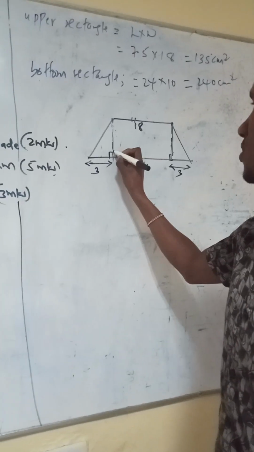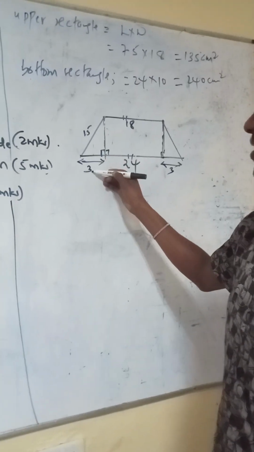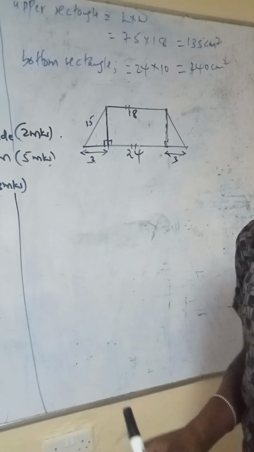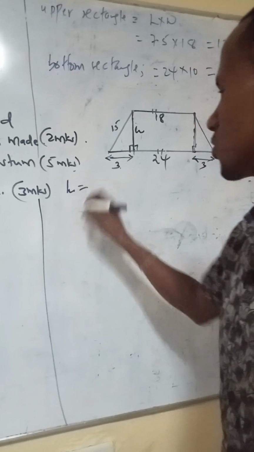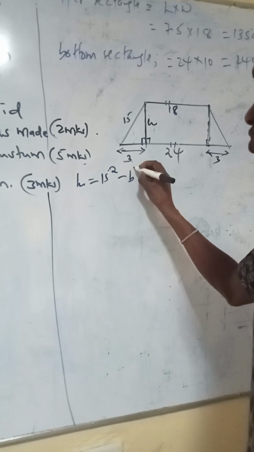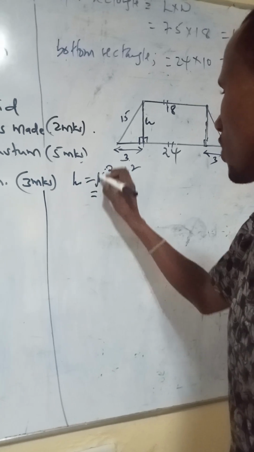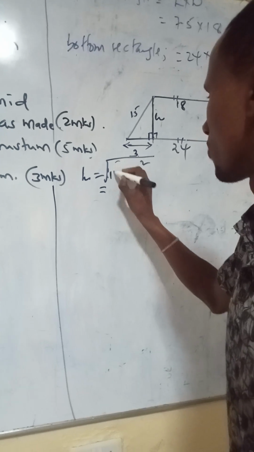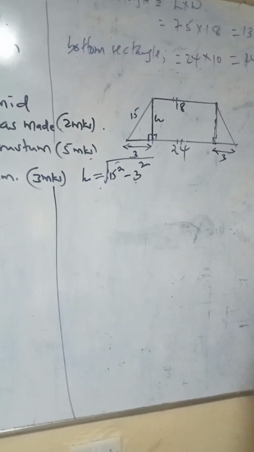But remember, this is a right angle triangle, and we are told this is 15. So if this is 15 and this is 3, we can get this perpendicular height, which will act as the height of the trapezium. Using Pythagoras theorem, height is equal to the square root of hypotenuse squared minus base squared, which is the square root of 15 squared minus 3 squared.